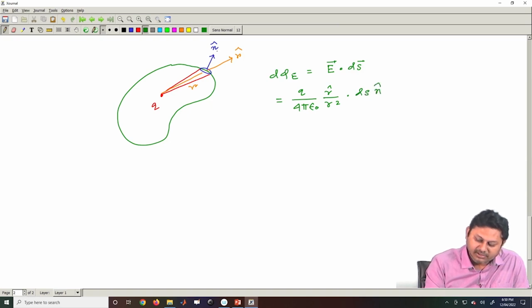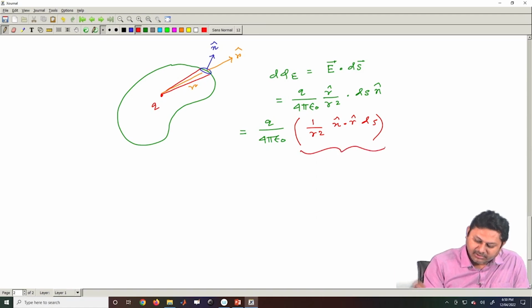Now, that quantity I rewrite in a different way, like q by 4 pi epsilon 0, and the rest of the terms I write in the bracket, and that is 1 by r square and then n dot r unit vector and ds.